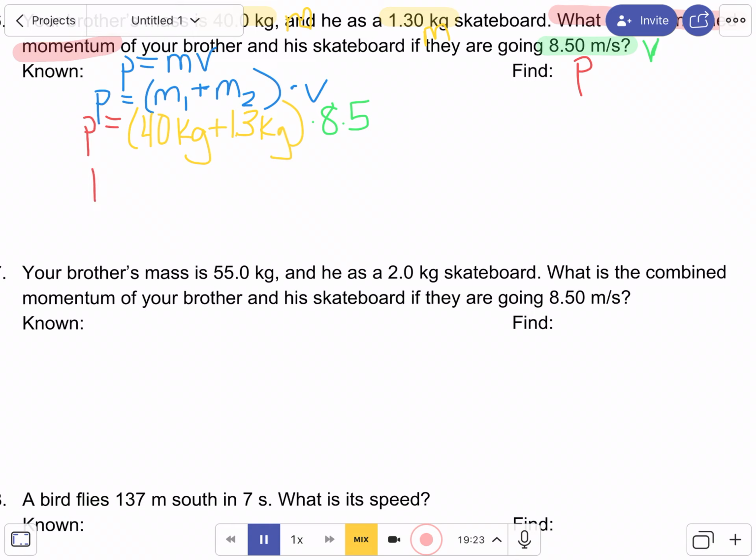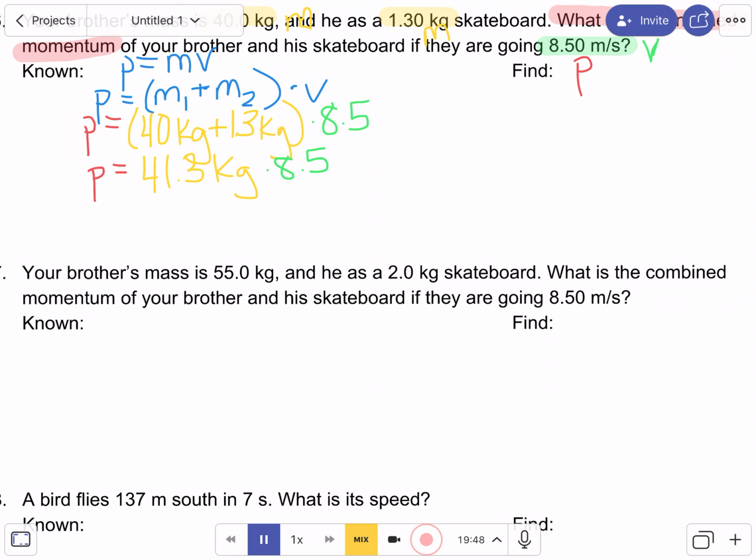So then we have P equals 41.3 kilograms times 8.5, and now it just looks like a straight momentum problem. And the answer to this, I am going to do off camera on a calculator because I can't do that one in my head.